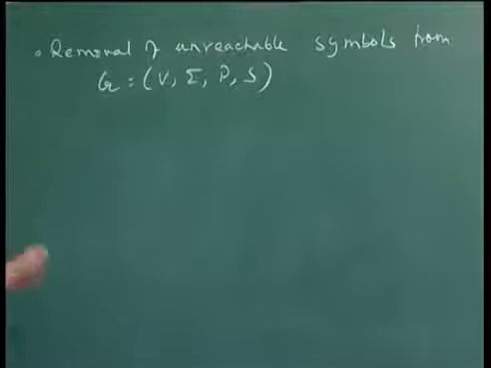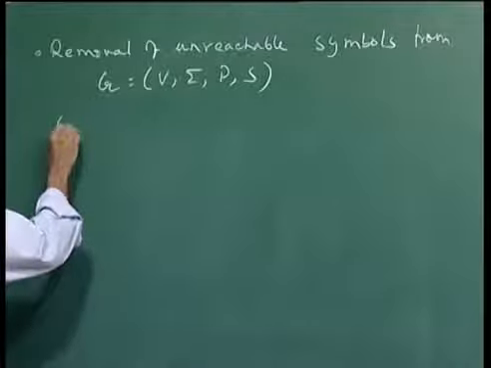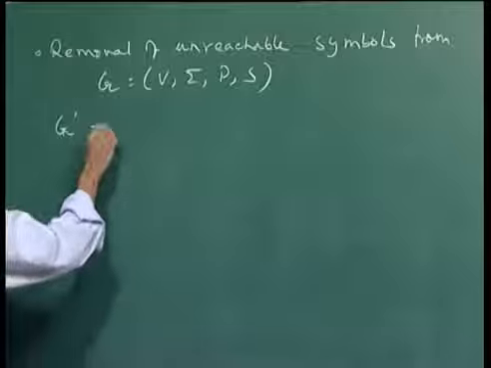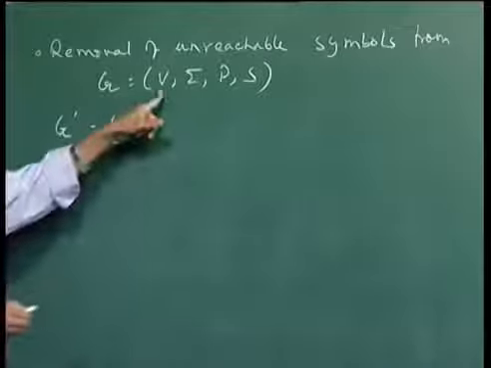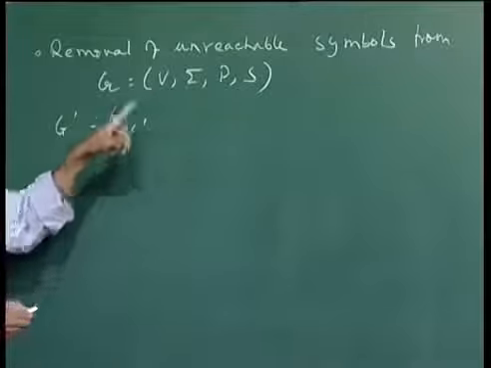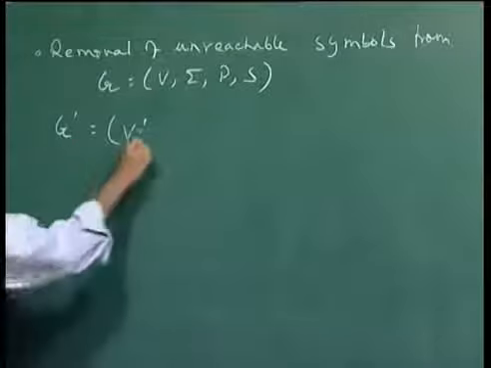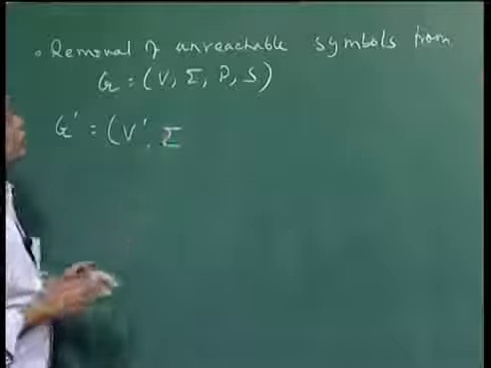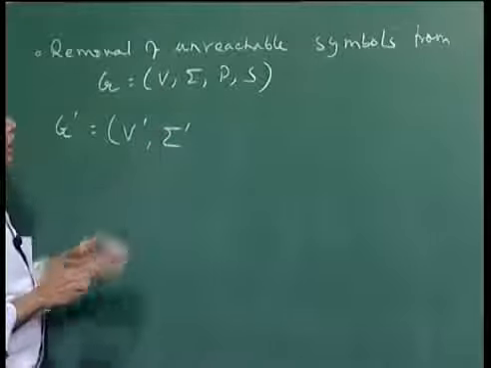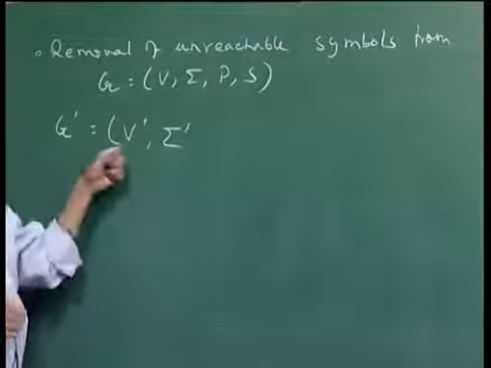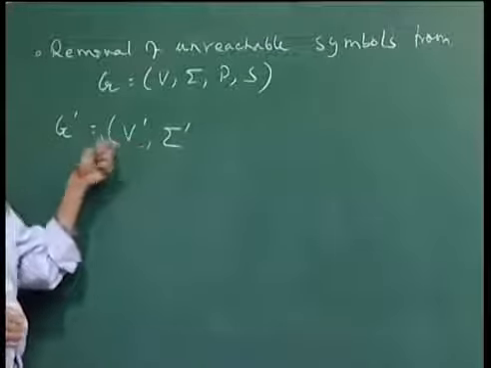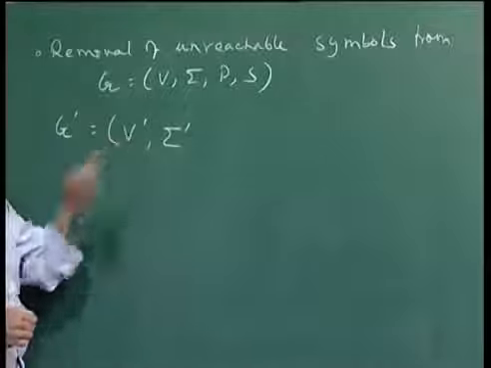So, we will get a new grammar G dash by removing from V all the unreachable non-terminals, from sigma I remove all the unreachable terminals. So, therefore, I am writing V dash and sigma dash.